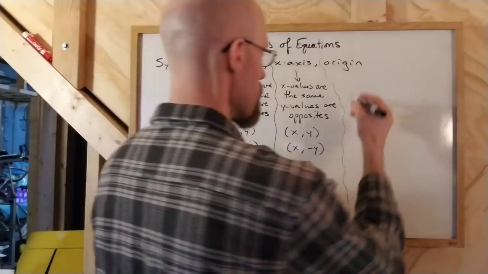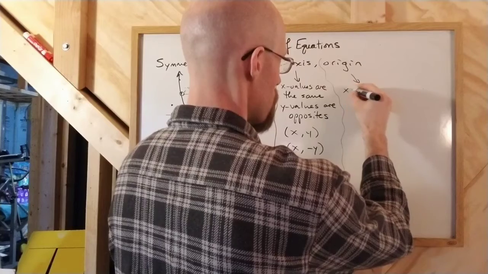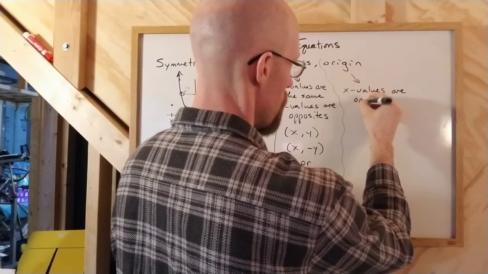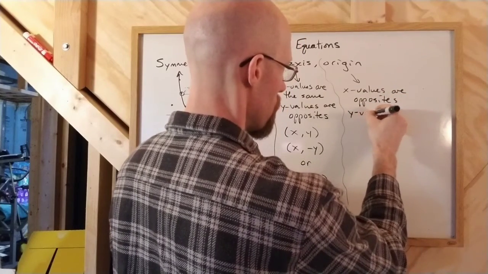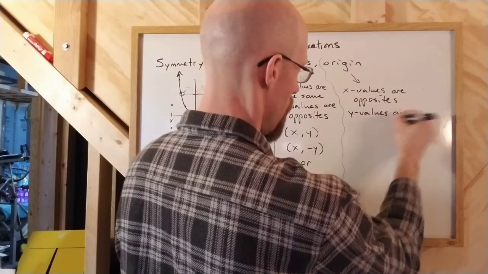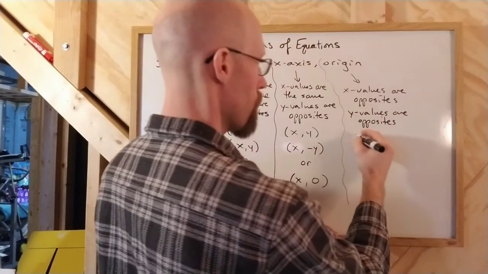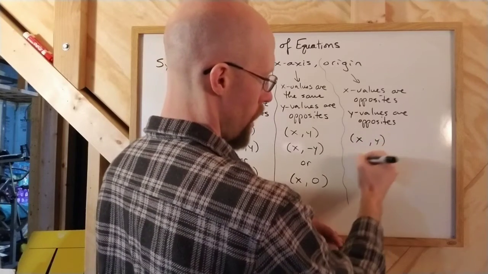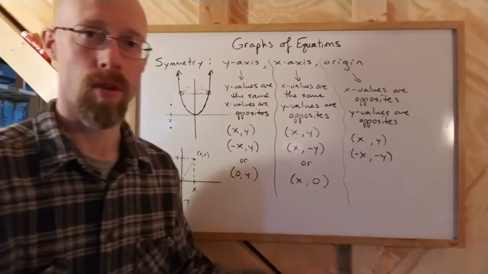And so what we say is that the x values are opposites and the y values are opposites. And so if you have an x, y point, you would have a corresponding negative x, negative y point. Okay?